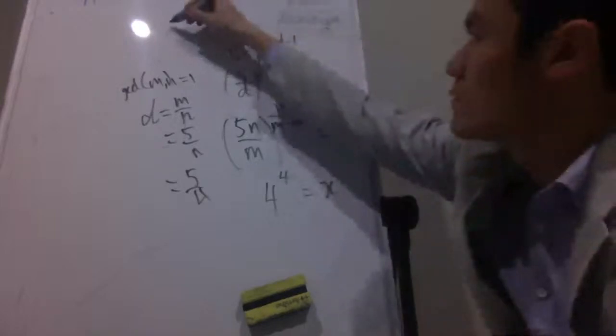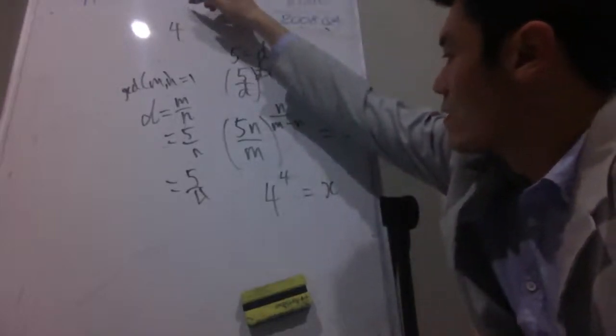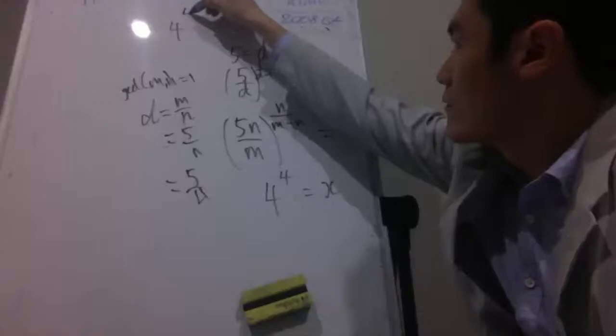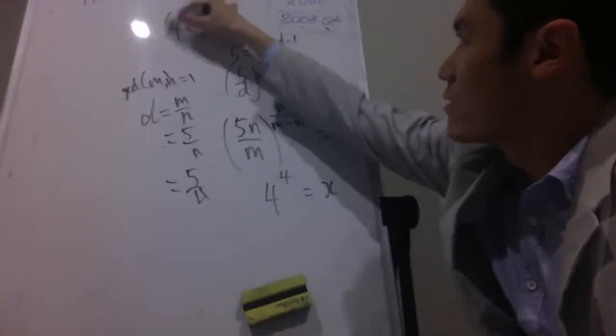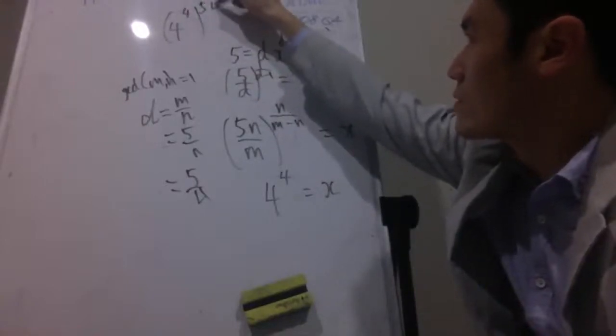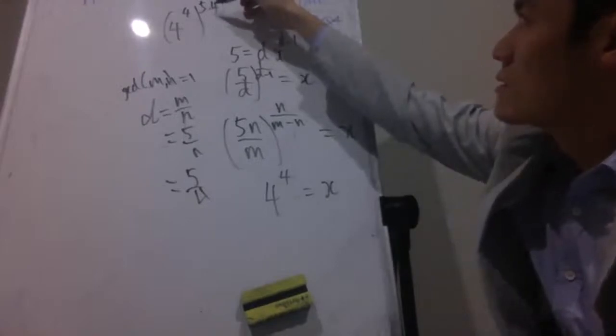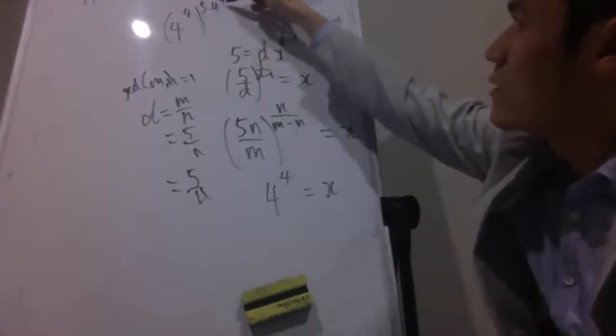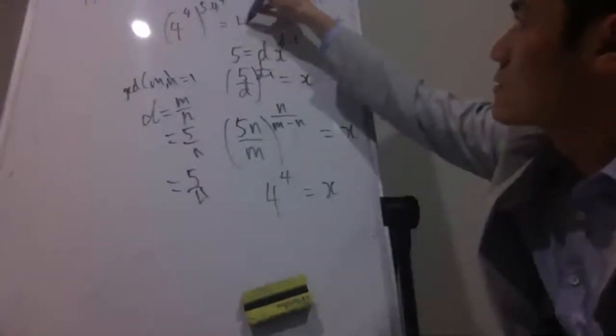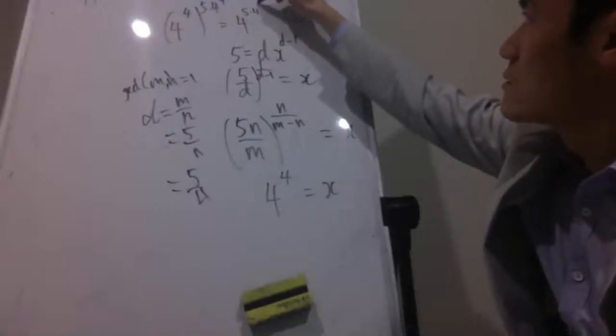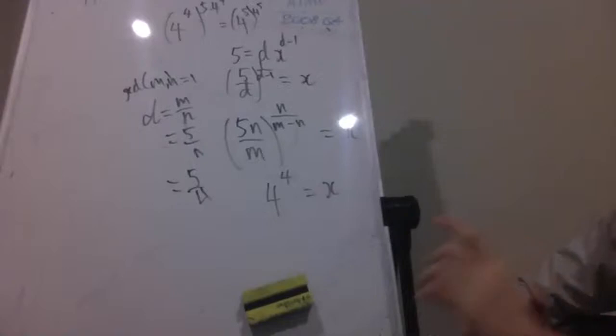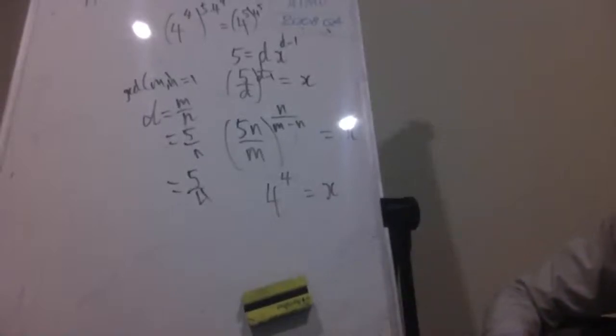It was 4 to the power of 5 times 4 to the power of 4, right? The point is the 4 comes up the top, so it's 5 times 4 to the power of 5, and then the other one. So that works, yeah?